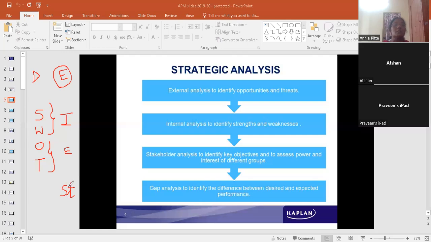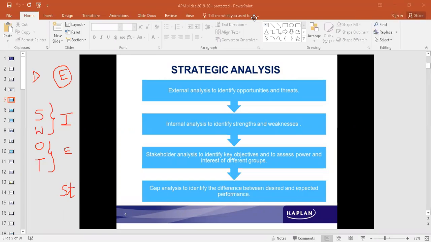So these three types of analysis: internal analysis, external analysis, stakeholder analysis. See what is possible for them to achieve. What are they good at? What are they not good at? See what opportunities are present, and which are not. Threats are present, or the expectation of stakeholders.